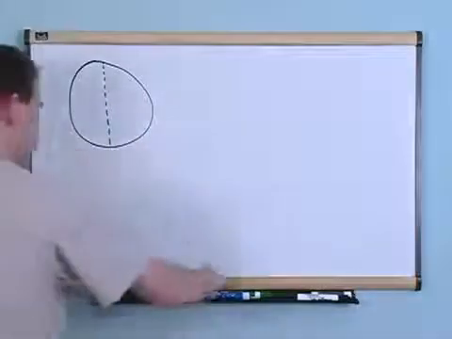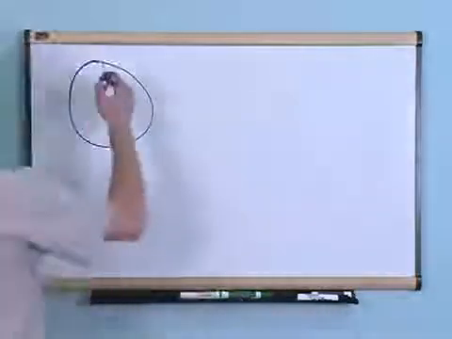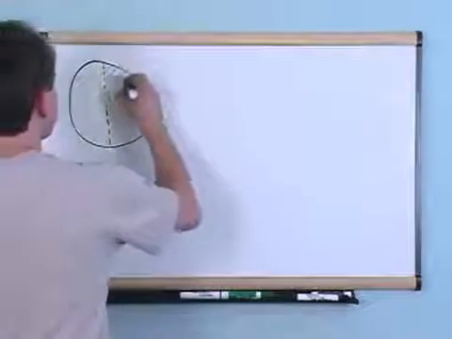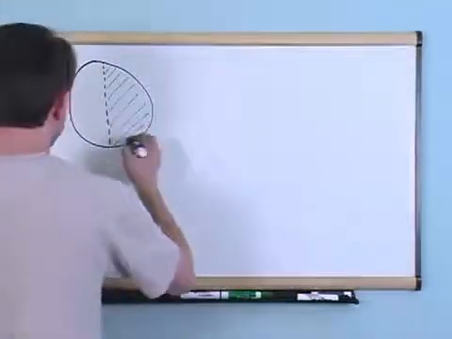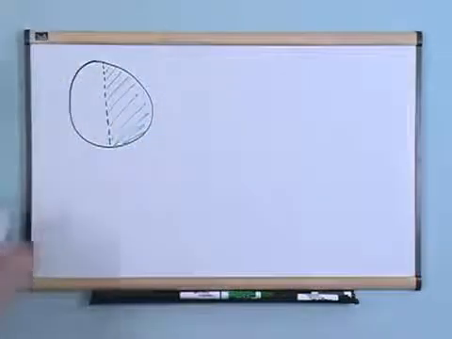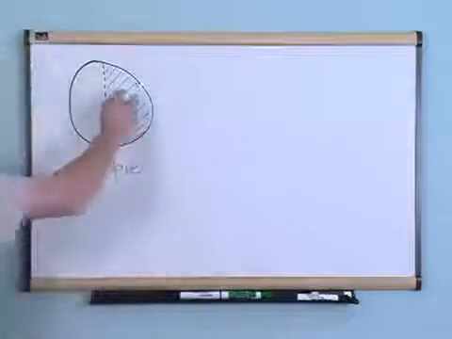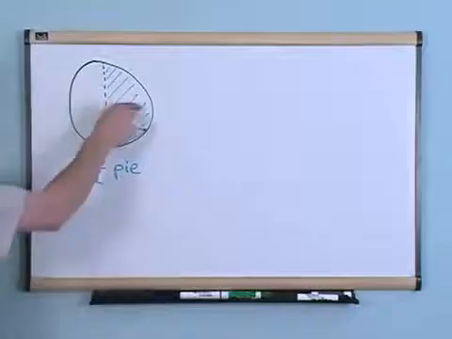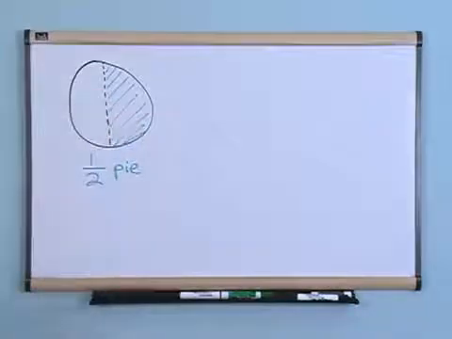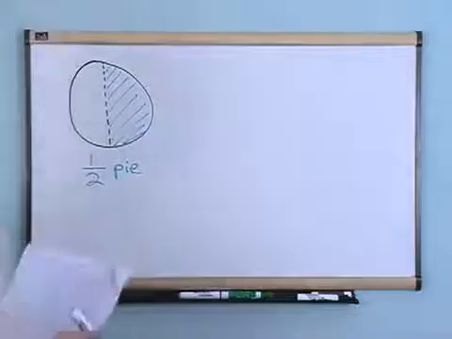And I'm going to use blue here because I like blue. And I take this half away. How much have I taken away? This is 1/2 of a pie because I've taken one piece away out of a possible 2 pieces. That's 1/2 of the pie, okay? Now, hold that in your brain. We're going to talk about this for a second.